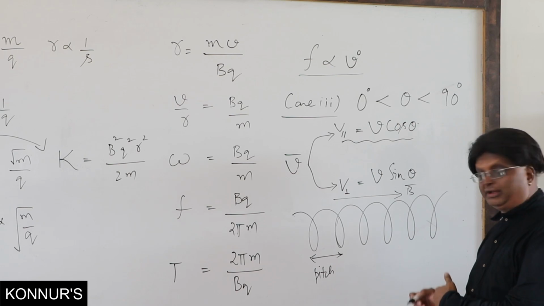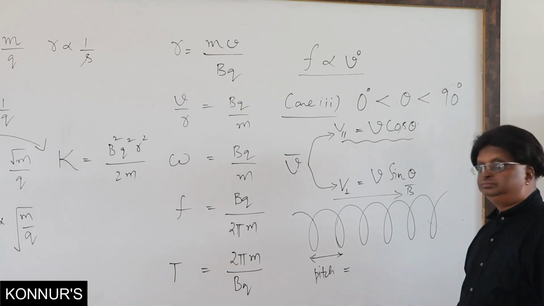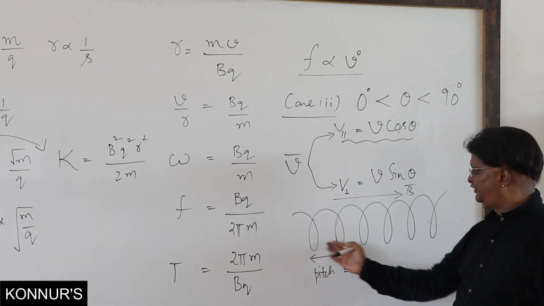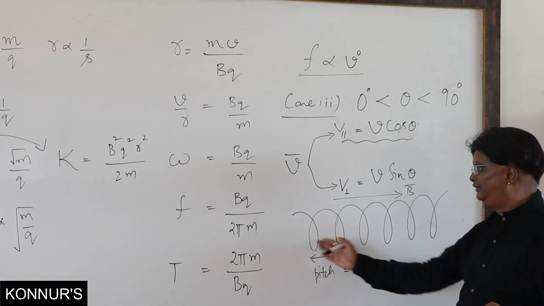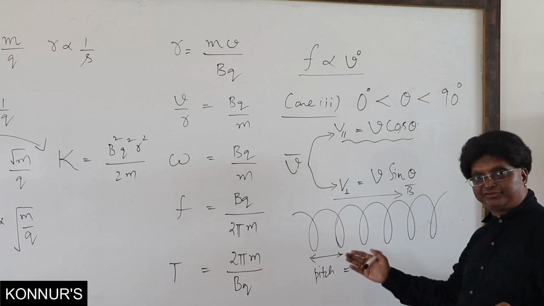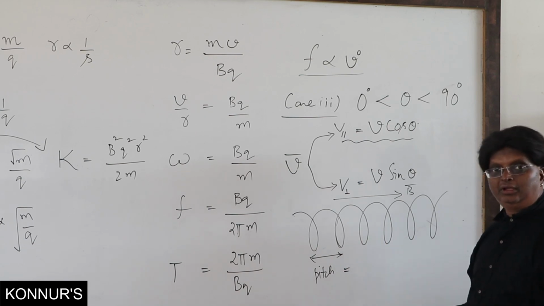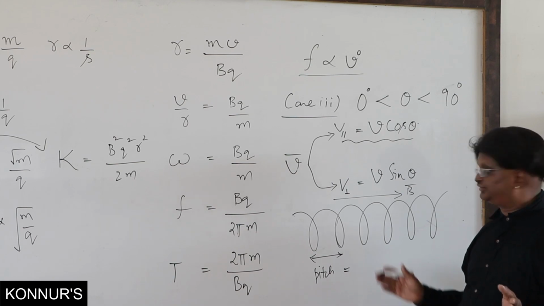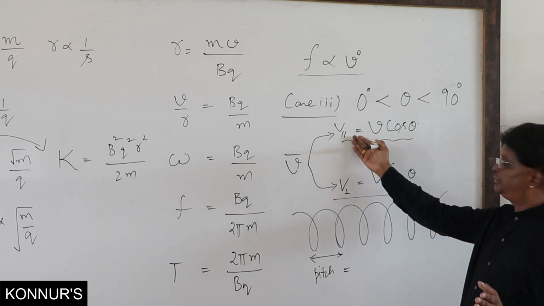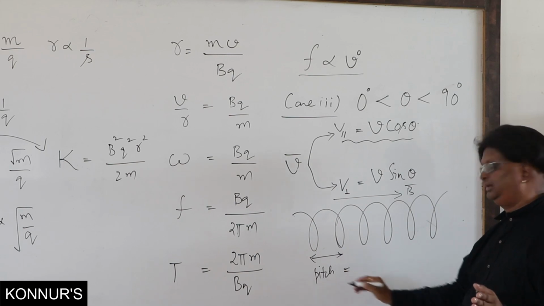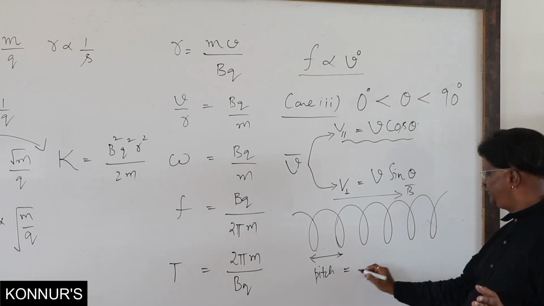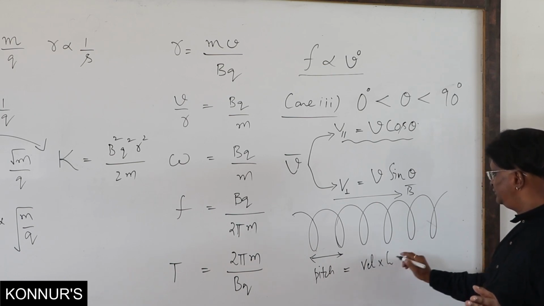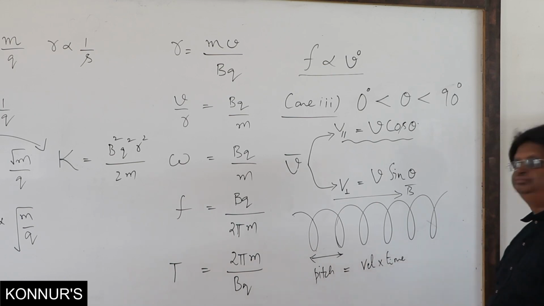Now how to calculate pitch of the helix? Now very definition says that what is the pitch? Pitch is the displacement of the particle in the direction of its motion. Therefore here no accelerations, remember, no accelerations due to the V parallel component, therefore pitch is nothing but displacement term. Displacement is equal to what do we write? Velocity times time.